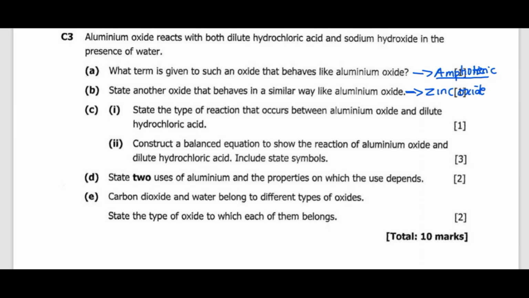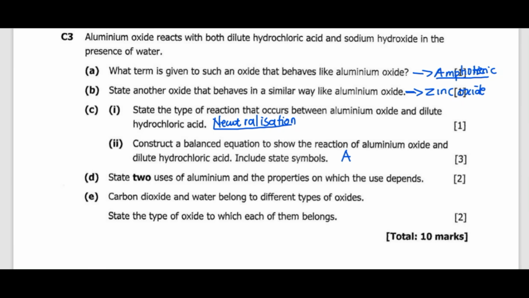Then C1, state the type of reaction that occurs between aluminium oxide and dilute hydrochloric acid. So this will give us water and salt. Such a reaction is known as a neutralization reaction. Construct a balanced equation to show the reaction of aluminium oxide.